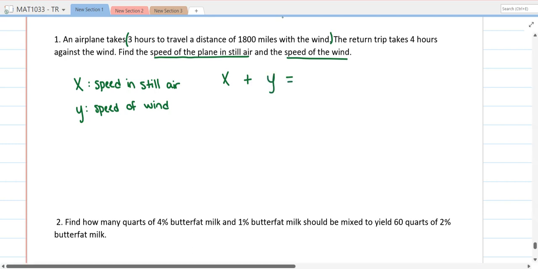And that is what we're equaling. You have 3 hours to travel 1,800 miles, so we want miles per hour: 1,800 divided by 3. That's going to be 600.